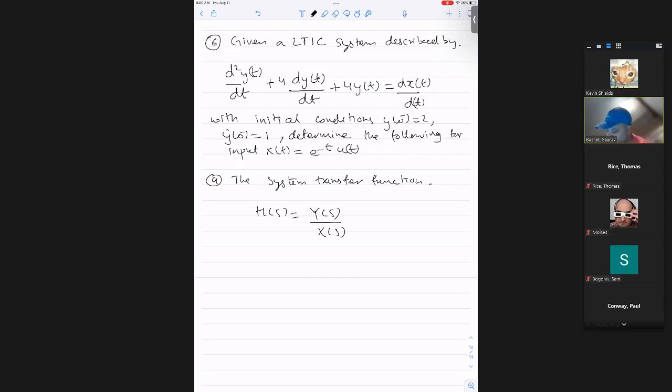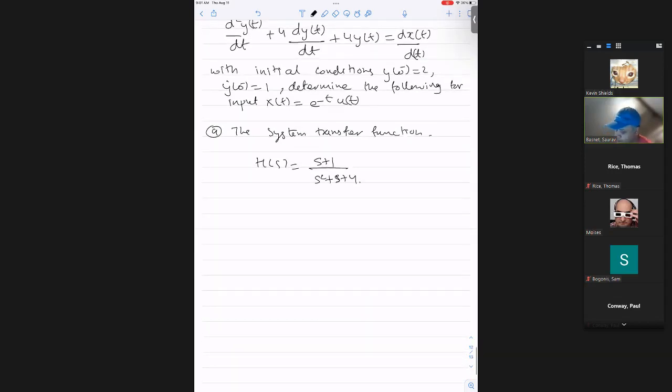So if you do that, you get s plus 1 divided by s squared plus s plus 4.